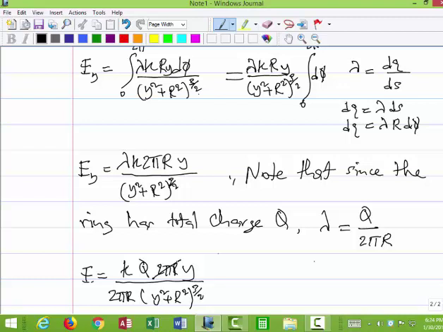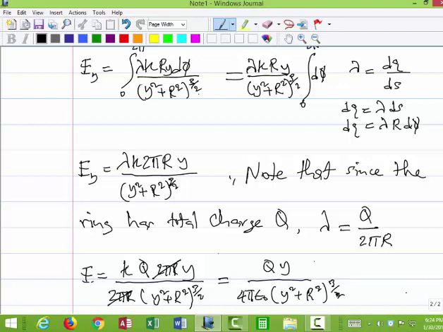So we can take the 2 pi r's out like that, and we shall have q times y. And if you want to use 1 over 4 pi epsilon naught for k, then we can write 4 pi epsilon naught, and we have y squared plus r squared raised to the power 3 over 2.